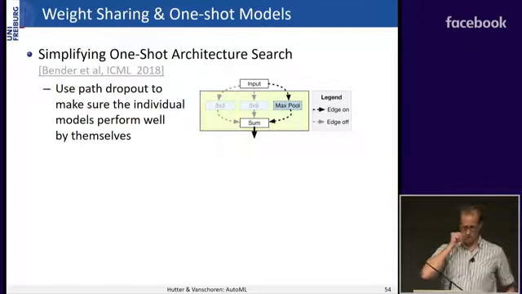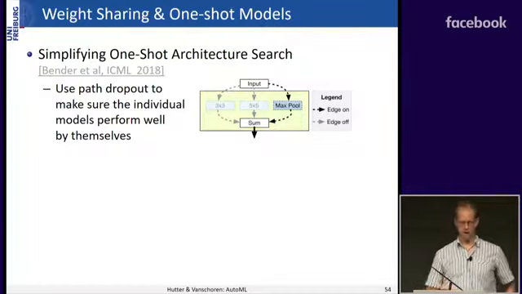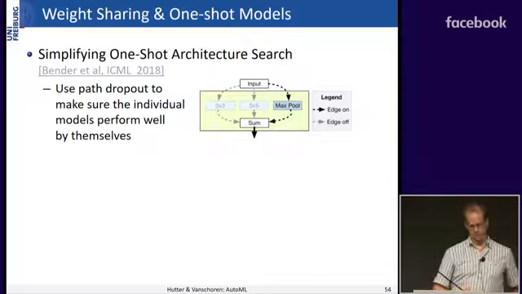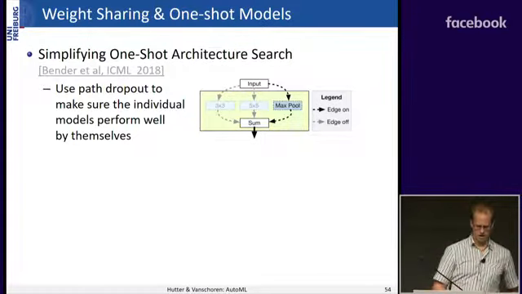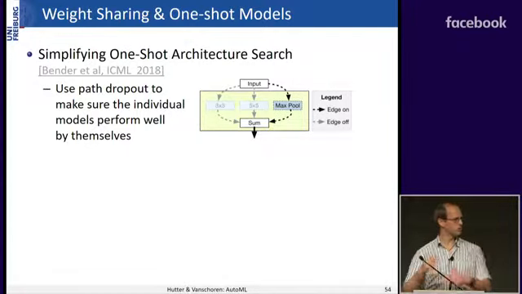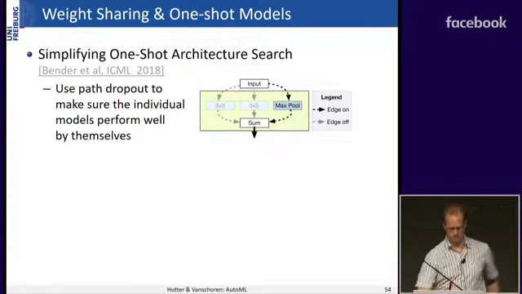That became more clear in this paper, Simplifying One-Shot Architecture Search, which actually used path dropout in this, well, one-shot model. They called this neural fabric the one-shot model. And they used path dropout to make sure that the individual models don't really rely on the other models, that you don't just do well as an ensemble, but also that individual models do well.